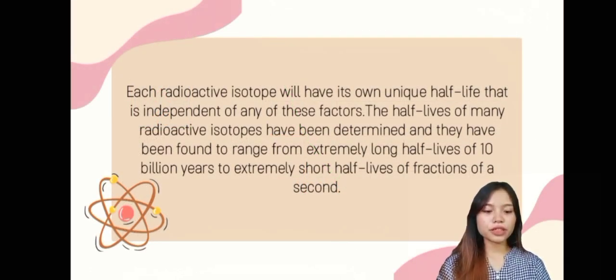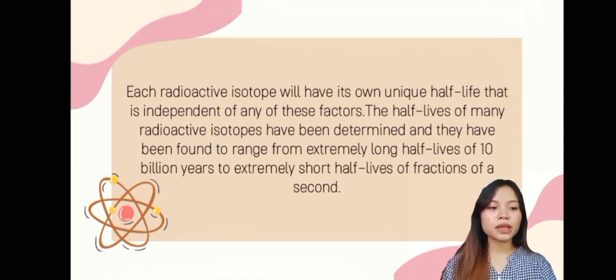In conclusion, each radioactive isotope has its own unique half-life that is independent of any of these factors. The half-lives of many radioactive isotopes have been determined, and they range from extremely long half-lives of 10 billion years to extremely short half-lives of fractions of a second.